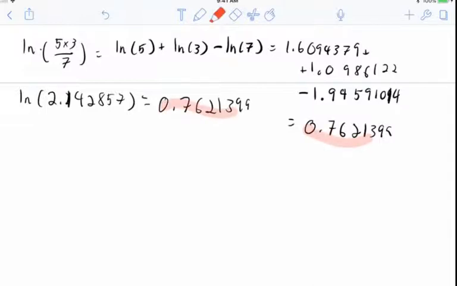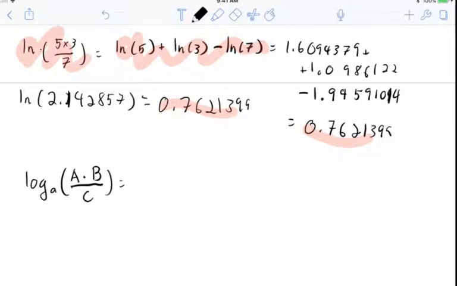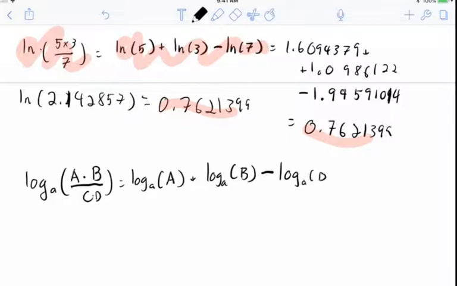Okay, so it's not a coincidence they're the same. This particular rule comes from somewhere. I'll just write down the rule here. So A times B divided by C can be written as log base A of A plus log base A of B minus log, you know what, I'll put a D in there too, log base A of D minus log base A of C. Okay.